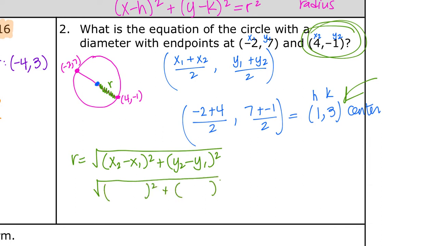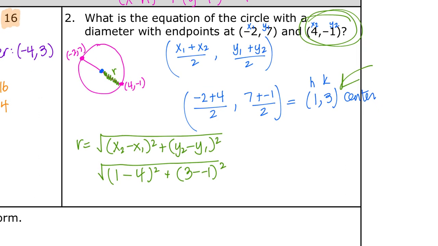So I kind of write my skeleton first. h, k needs to be the first thing, so 1 and 3, so 1 in each set of parentheses. Then we're going to subtract that point on the diameter, so 4, negative 1. So you can type this whole thing into the calculator all at once, but when you put this in the calculator, you should get 5.